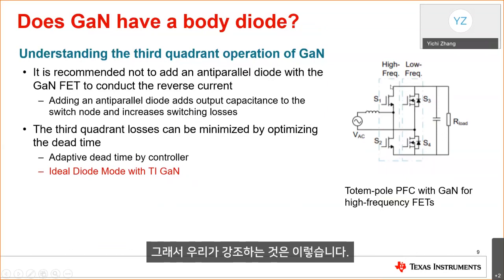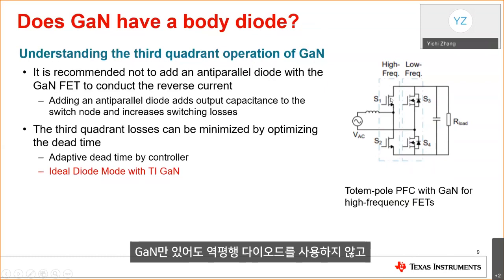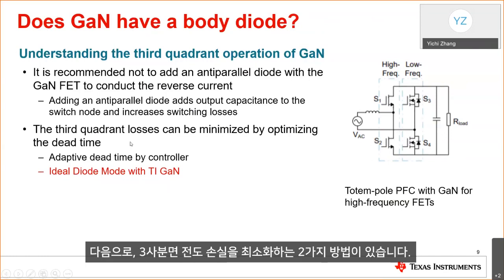So what we suggest, for example, in this totem pole PFC using GaN devices, is that you can just use GaN to conduct either forward or reverse direction current without using an anti-parallel diode. And then there are two ways of minimizing the third quadrant conduction loss.